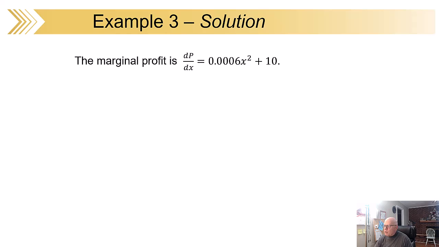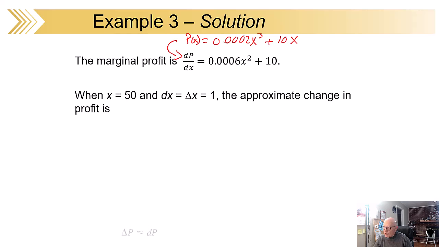So remember, we had p of x was 0.0002 x cubed plus 10x, remember? And this is the derivative with respect to x. Now, what are we going to do? We're going from 50 to 51.